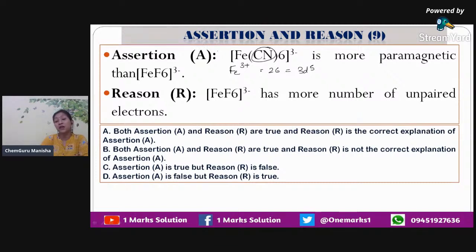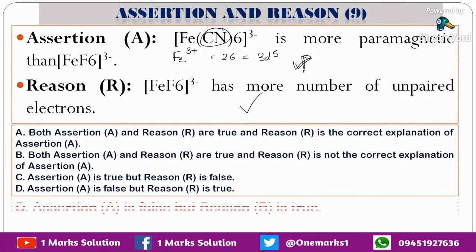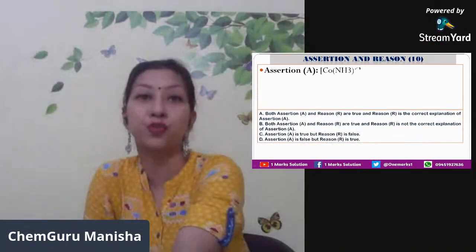The fluorine in [FeF6]3- is a weak ligand, so the pairing won't happen. On this basis, the assertion is false. And the reason, that it has more unpaired electrons, is true. So if there are more unpaired electrons, then [FeF6]3- should be more paramagnetic, because more unpaired electrons mean more paramagnetism. That's the answer: the assertion is false, but the reason is true.